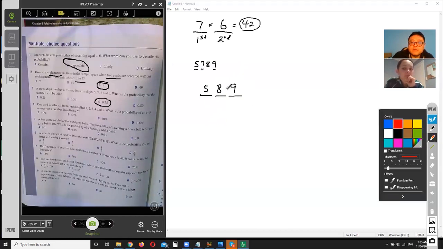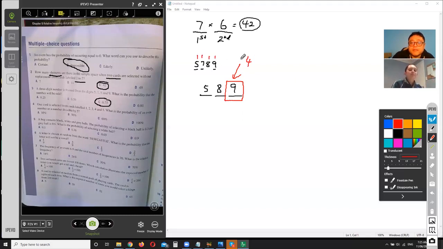How many numbers can fit into that last digit? 4.